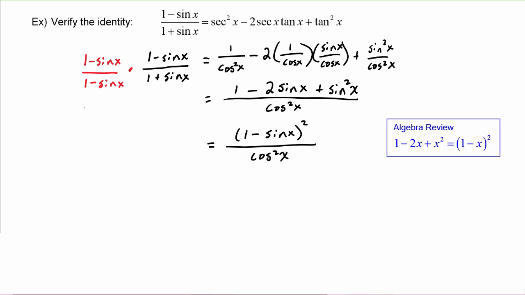So let's go ahead and write that numerator. We have the quantity 1 minus sine of x being squared.